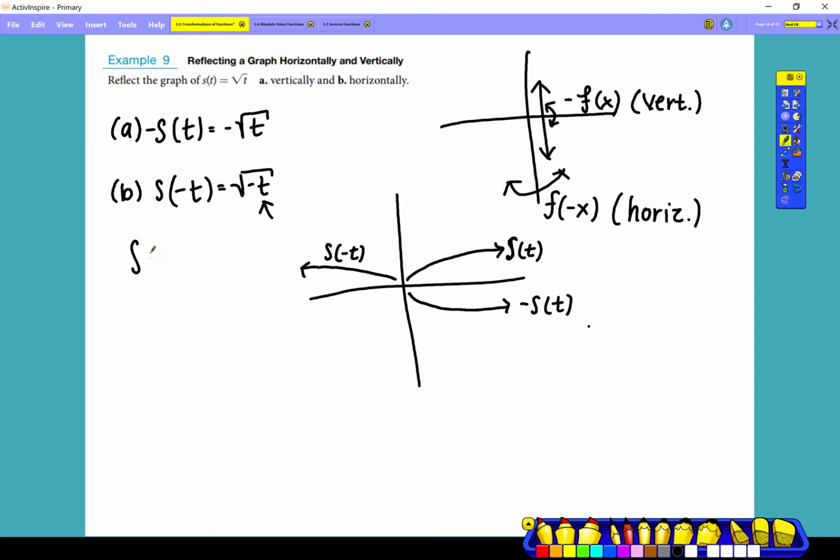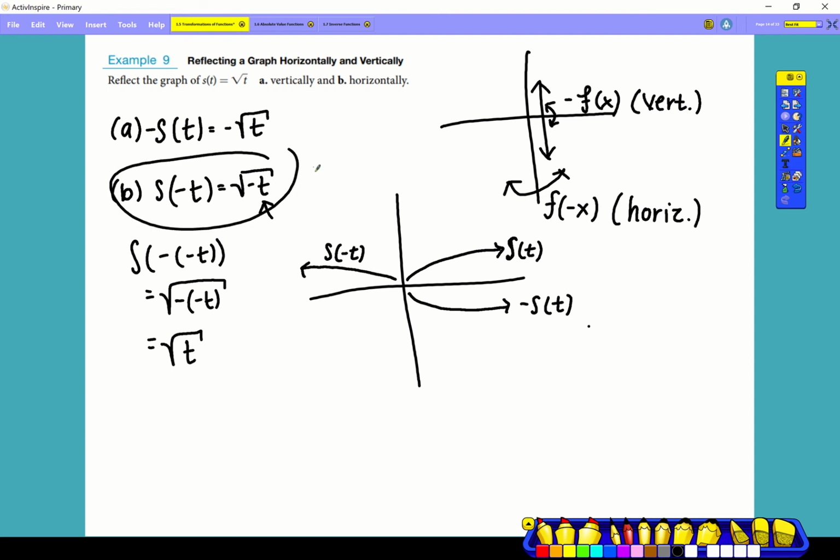So you would get s of negative t equals negative t. It's t. But, yeah. Sometimes they don't make sense. So we won't be seeing that one probably in this class.